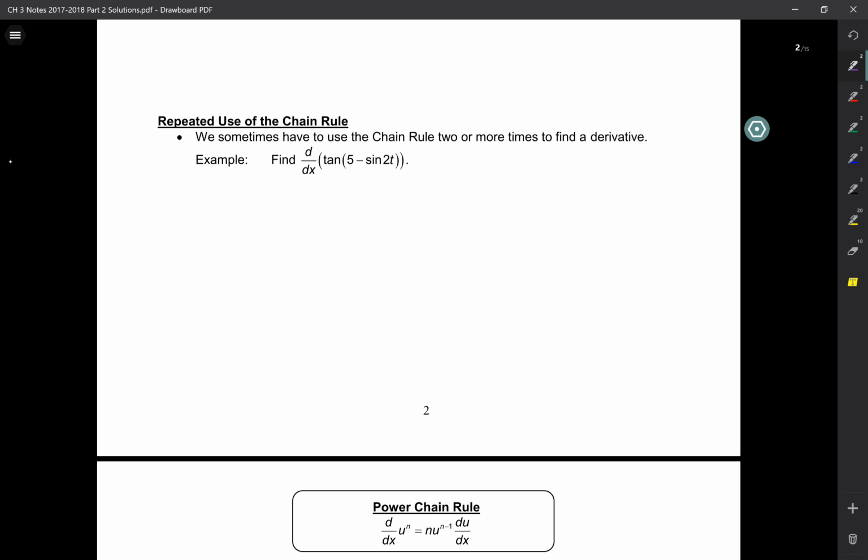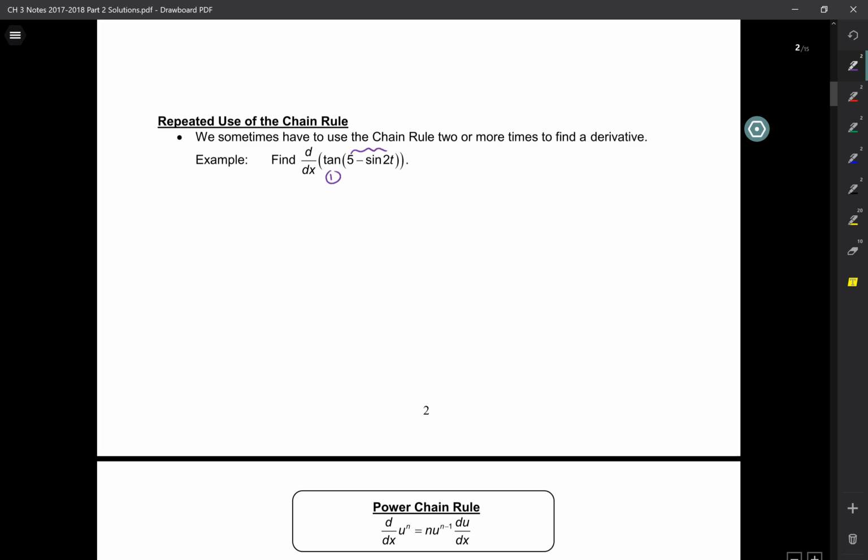It's all sorts of fun. So we're going to take a derivative of this. What is the outermost function? Tangent. So here we have an outside function. What's the inside function? It's 5 minus sine 2t.